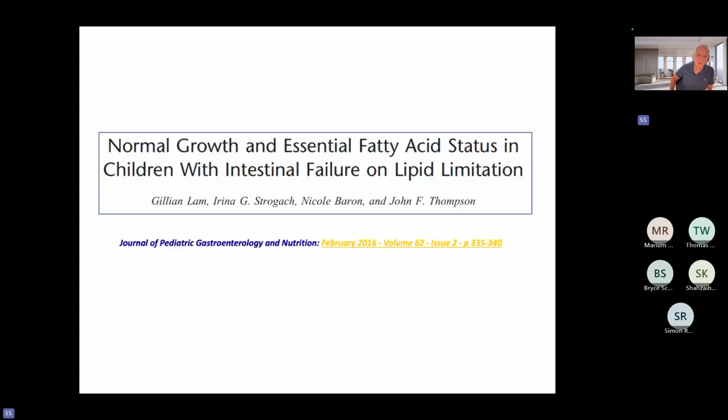But what if you don't have access to omega-3 fatty acids? Well, there's a simple, at least temporizing maneuver, and that is to limit lipid intake. This is a study done by our friend John Thompson at Montefiore, published in JPGN, looking at growth and essential fatty acid status in children with intestinal failure.